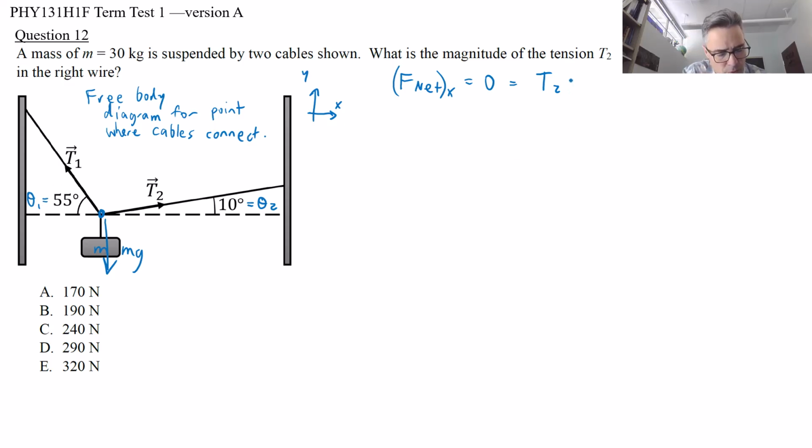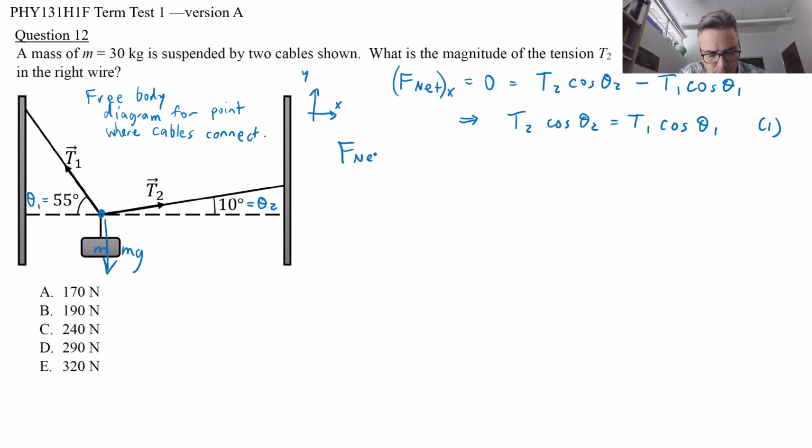So T2 cosine theta 2 minus T1 cosine theta 1. And so that means that T2 cosine theta 2 equals T1 cosine theta 1. We'll call that equation 1.